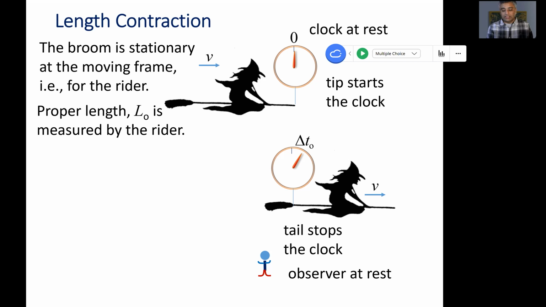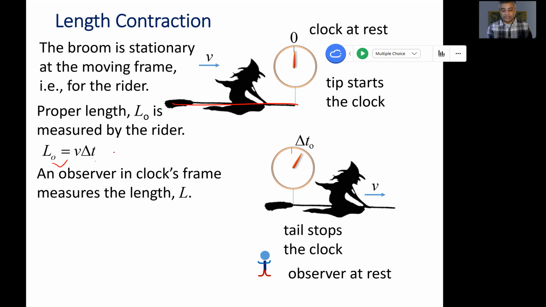Let's suppose the proper length measured by the rider, this room length, is this. Since the speed is v and the time is dilated time, it's not delta t 0, so we need to write delta t.